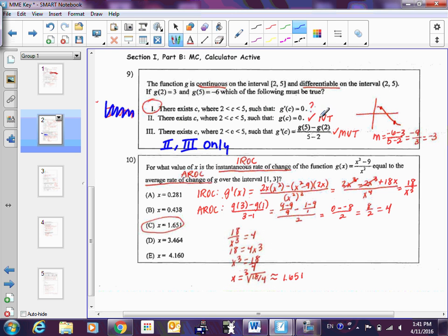If you didn't connect that these were the IVT and MVT, that's okay. You could still reason through that those had to be true, having to do with the slope between the 2 points and the fact that you have to cross the x-axis if f is continuous. We're going to review the theorems later.